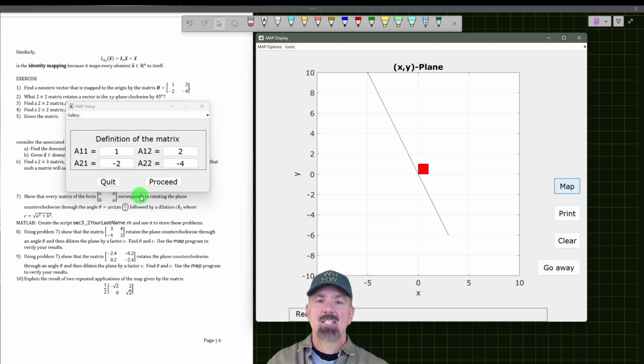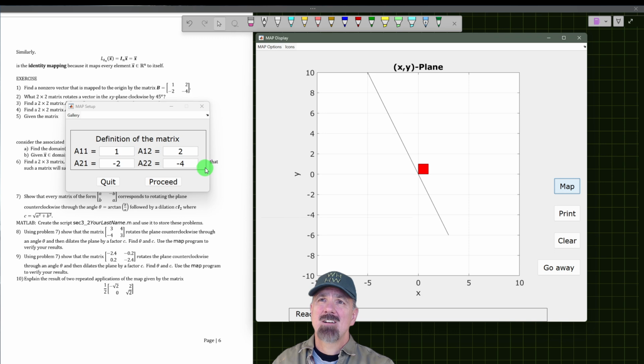And so this again is the understanding and the development of our intuition as to what's actually happening. Let's answer the question here. The question is, find a non-zero vector that is mapped to the origin by our matrix. So what vector gets mapped to the origin by this? Well, we know (0, 0) gets mapped to the origin, of course, but we're looking for something non-zero.